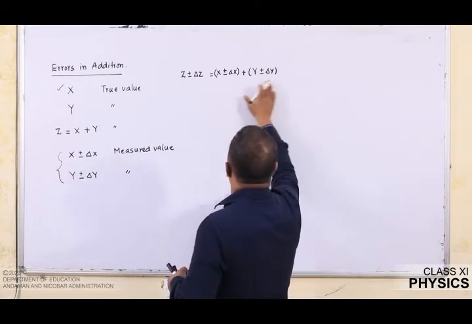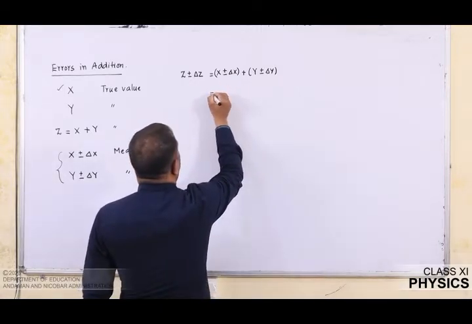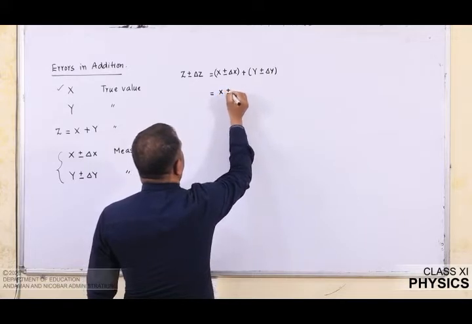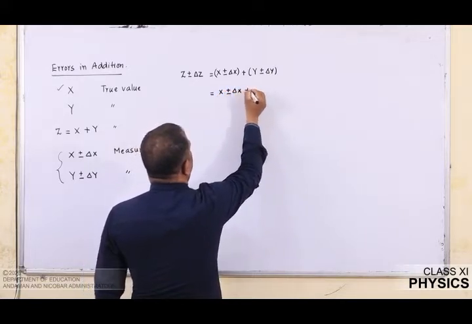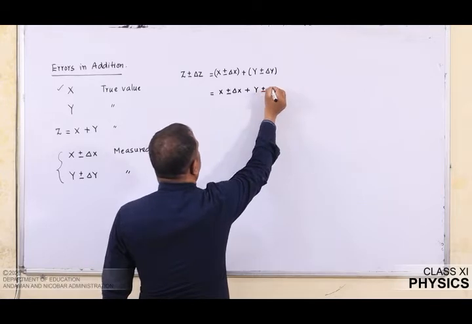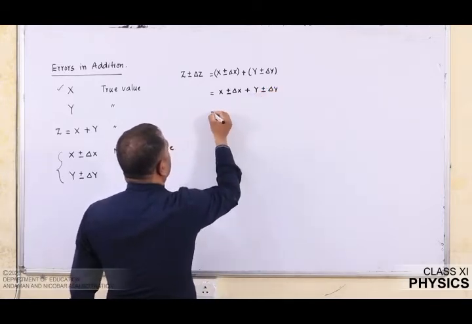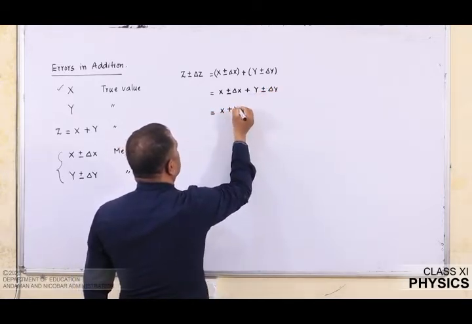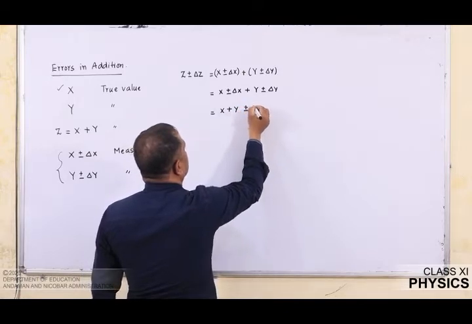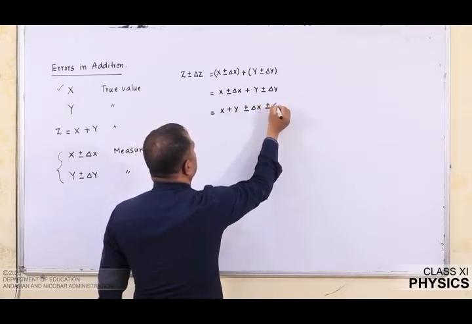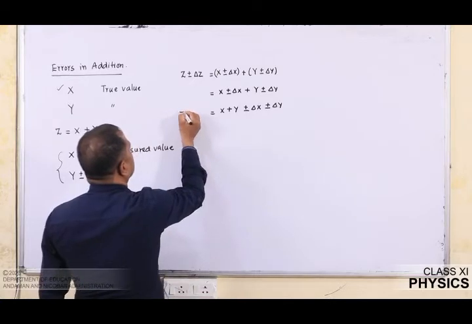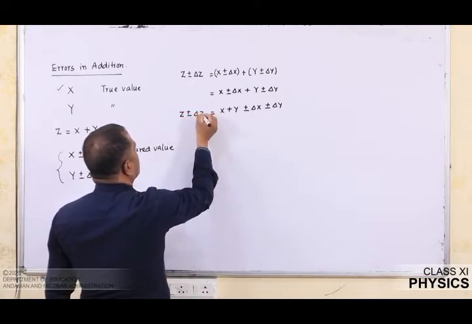So, for me this delta x and delta y is the part of the error in the measurement. Now, when I open the bracket, I am going to get x plus or minus delta x plus y plus or minus delta y. If I rewrite this, I get x plus y plus or minus delta x plus or minus delta y, and this is going to be z plus or minus delta z.